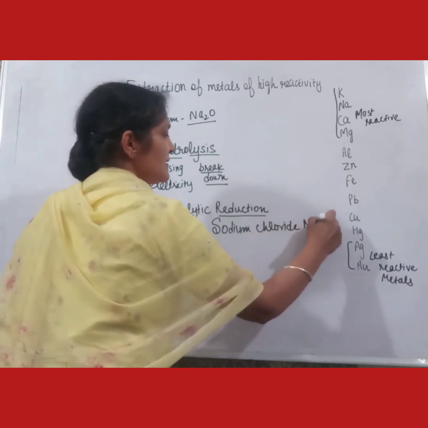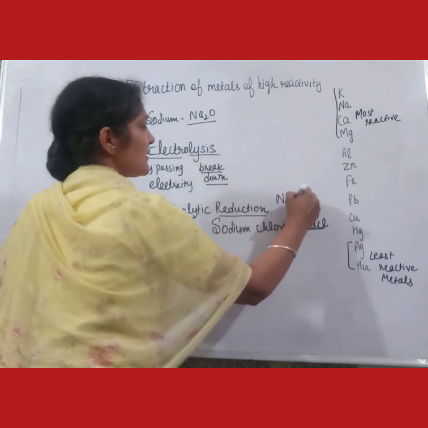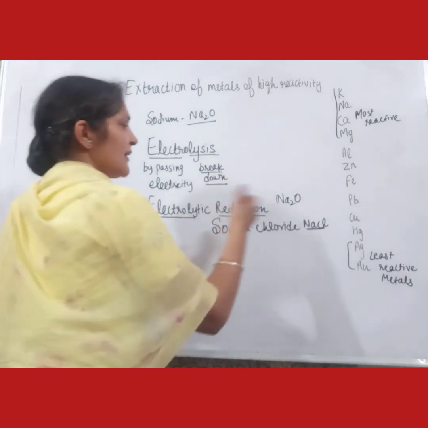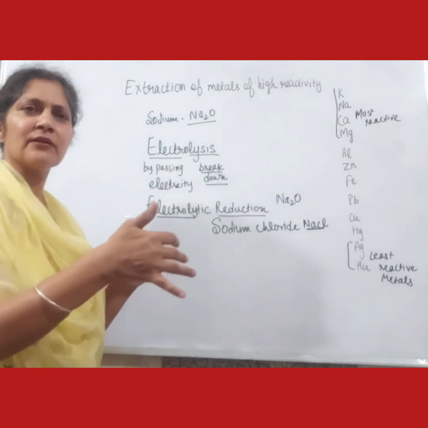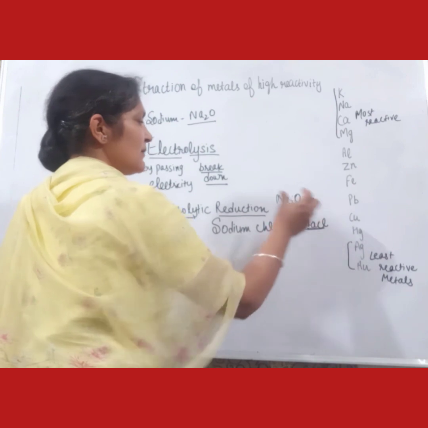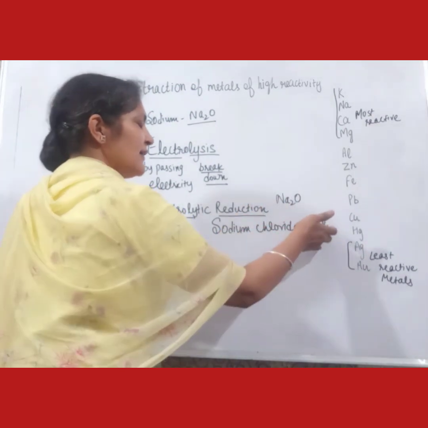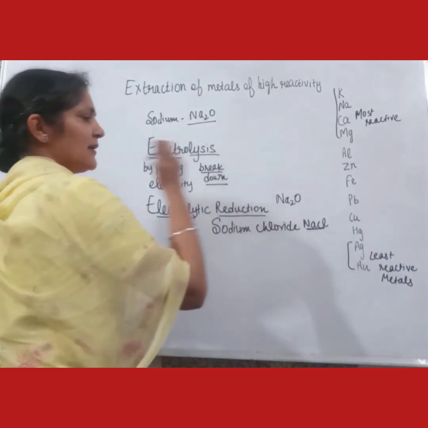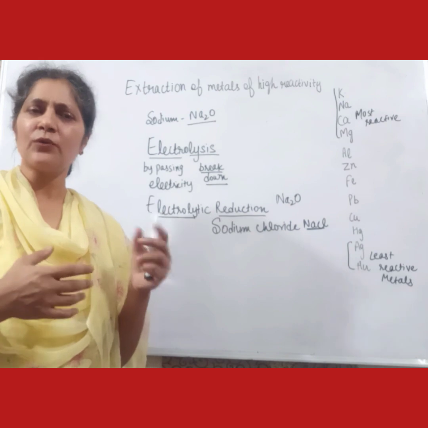Its formula is NaCl. It behaves like Na+ and Cl-, because sodium has the tendency to lose an electron and chlorine has the tendency to gain an electron, the same as in sodium oxide. So we will take the example of sodium chloride.